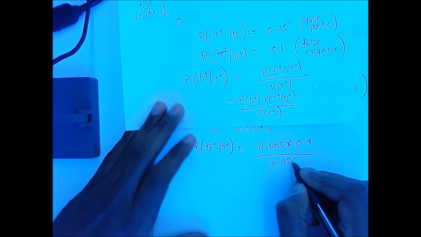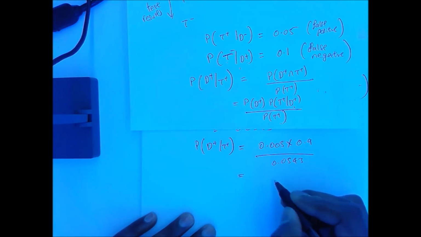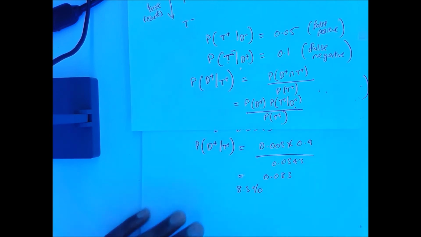How much will that come out to be? 0.083. Right? So that means 8.3% if you want to talk in percentages. So in this case, if the test tells you that you have a disease, there's an 8% chance that you actually have it. But on the outside it looked very accurate, right?